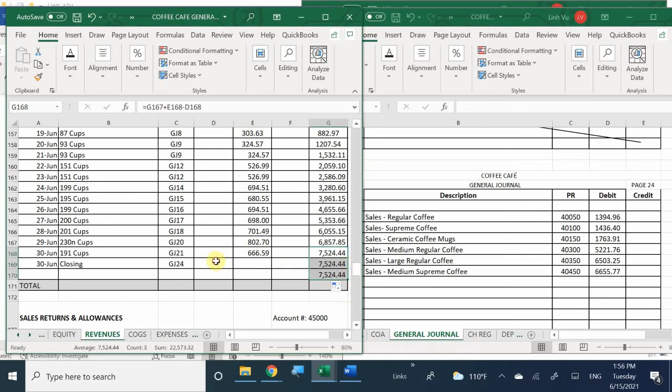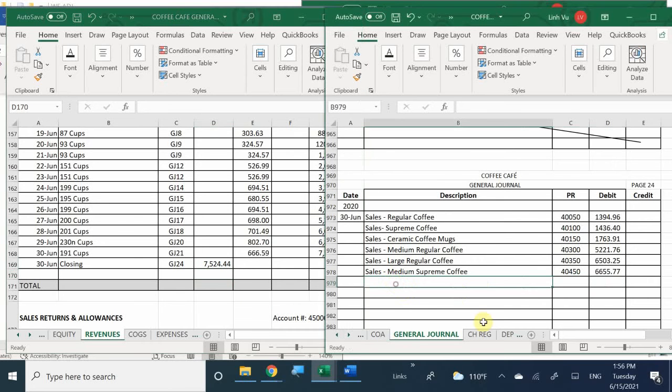How much do we need to debit to close this account? $7,524.44. All right, and this is sales large supreme coffee, account number 4500, for $7,524.44.